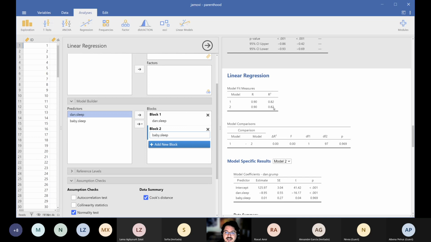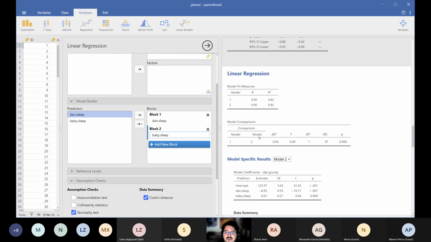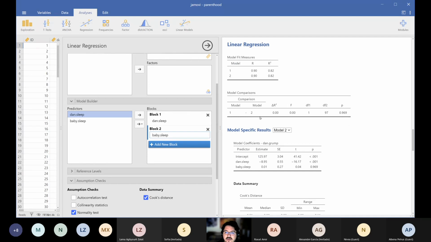They are basically the same R and R squares. And if we go to the model comparison, we don't improve the R square at all. We don't improve the overall model fit at all with this F. This is part of an analysis of variance, not on the model.